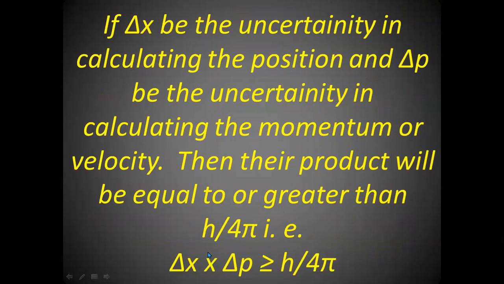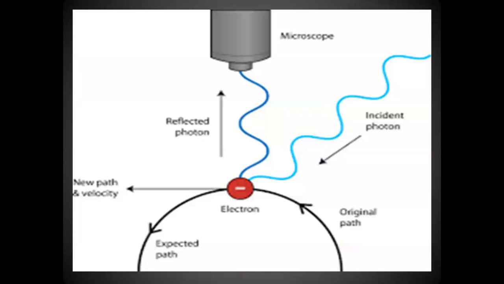Okay, why, and what is this principle trying to explain to us? Consider this electron moving in the circular path. It is the original path of the electron, and this should be the expected one when we concentrate a photon on it.